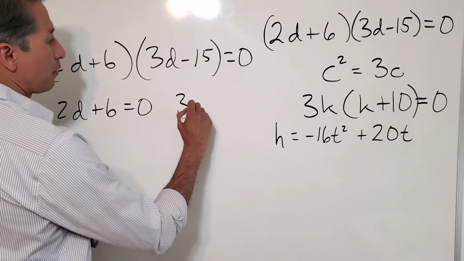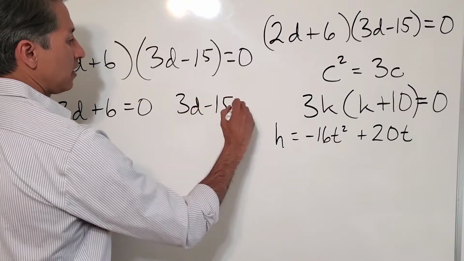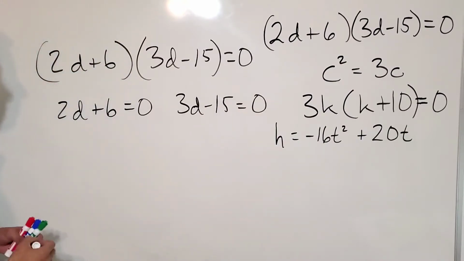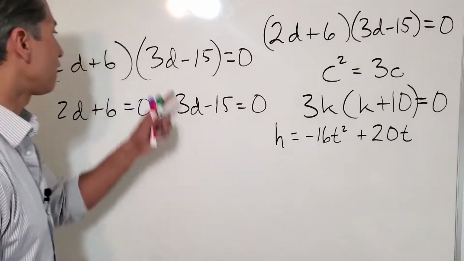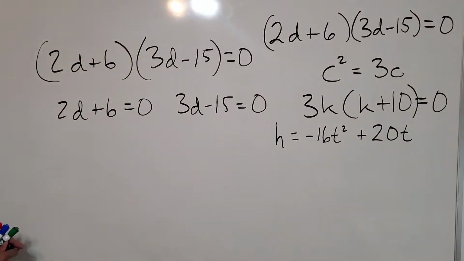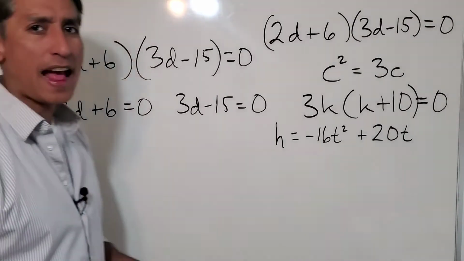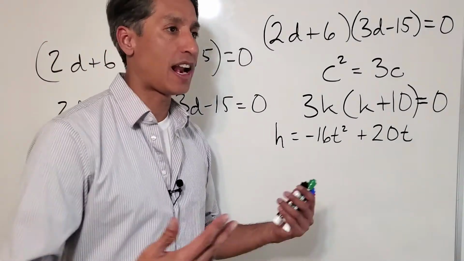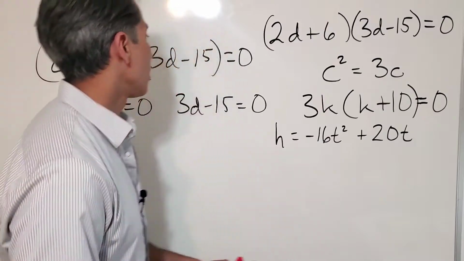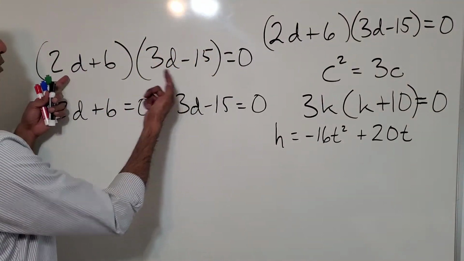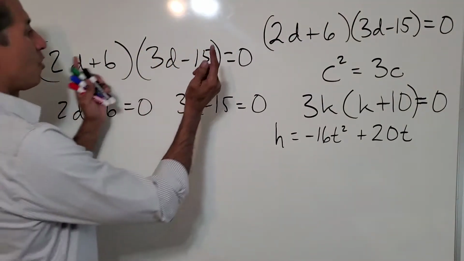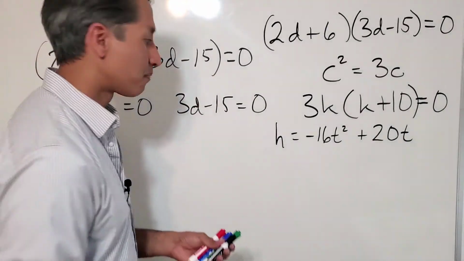And I know that 3d minus 15 also can equal 0. What I'm trying to do is solve for these letters that are inside here and figure out what values for d or x or a can I plug into these 2 problems to make this guy equal to 0 or this guy equal to 0.